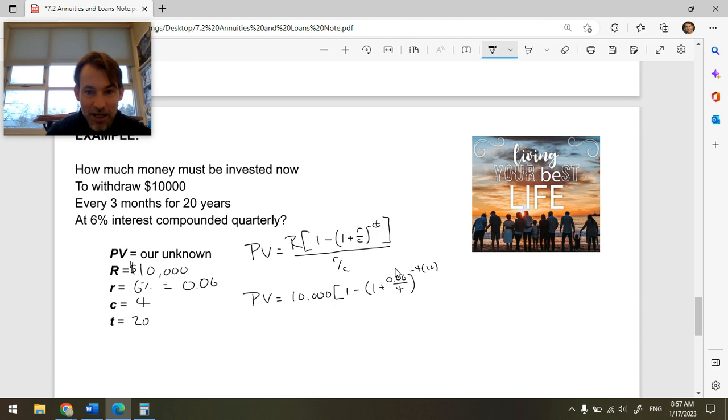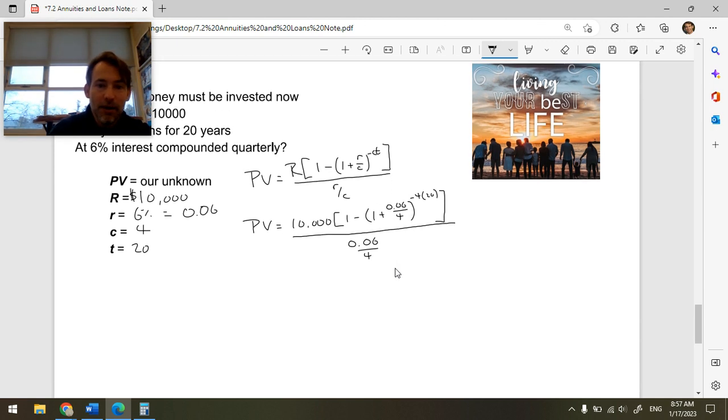So that's going to be a negative 80 exponent. Wow. All divided by R over C, which is 0.06 over 4. Cool.